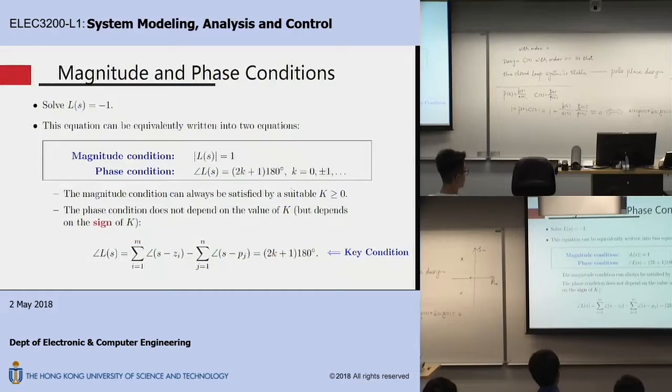Basically, the problem becomes as follows. You want to find the set of S in the complex plane so that this condition is satisfied for some K greater than or equal to 0.